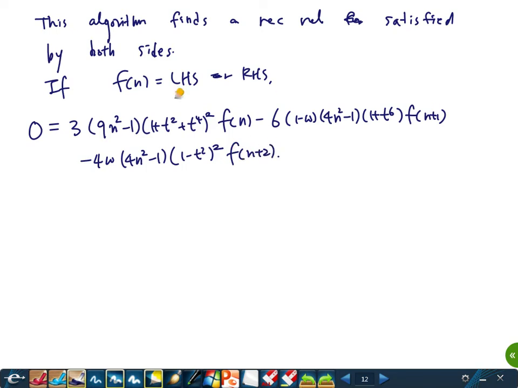So the program will find this recurrence relation. That means both left-hand side and right-hand side satisfy the same recurrence relation.